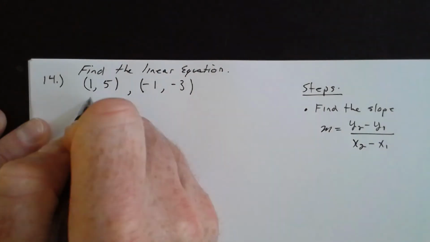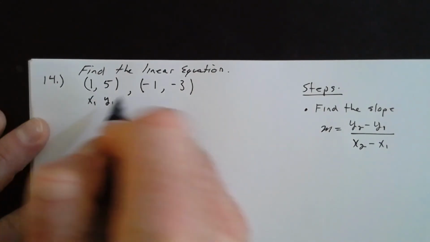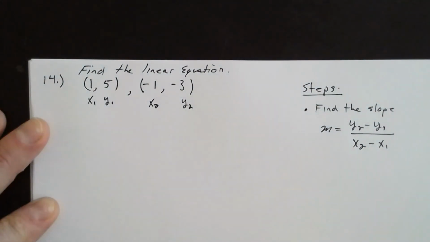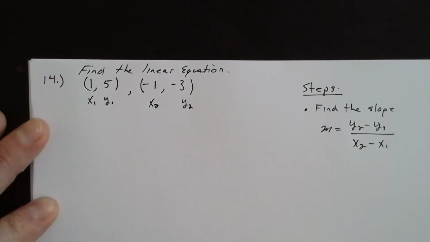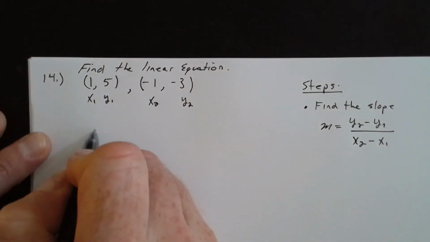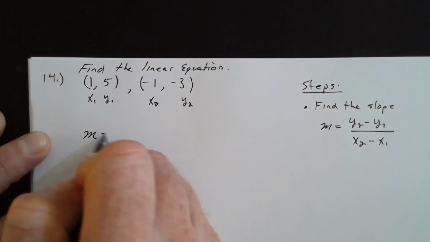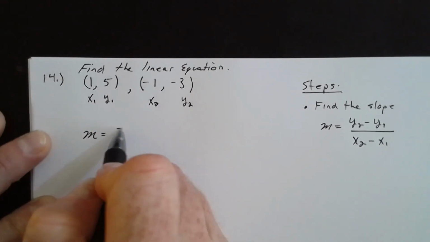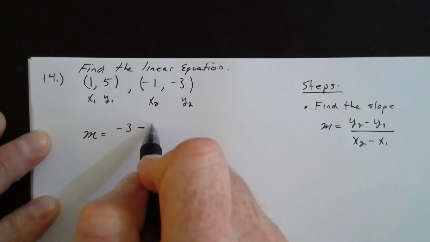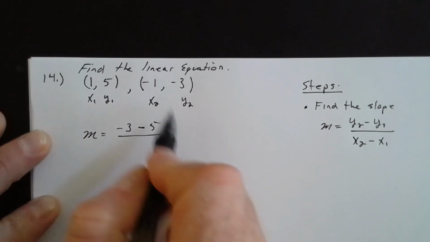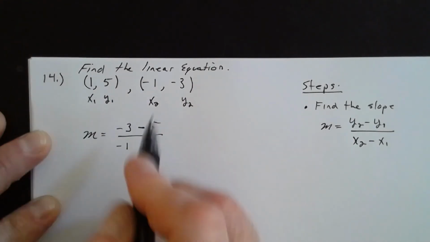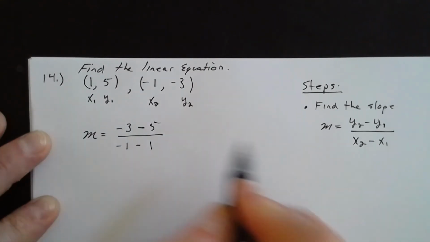Let's label our points x1, y1, x2, and y2. And now we're going to plug them into our formula. And so we have m is equal to -3 minus 5 over -1 minus +1.